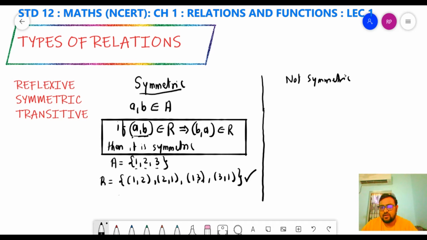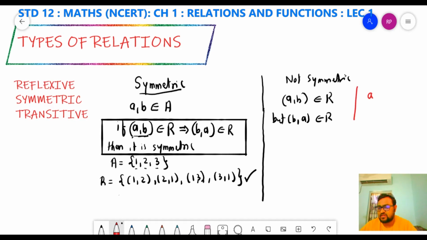This is the other way to do it: (a, b) belongs to R, but (b, a) does not belong to R. In the other notation, I can write it like this: a R b, that means (a, b) belongs to R. But see here, (b, a) does not belong to R. That means it is not symmetric.